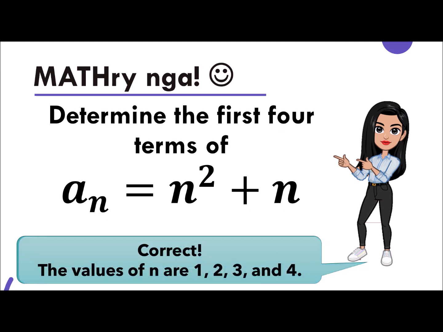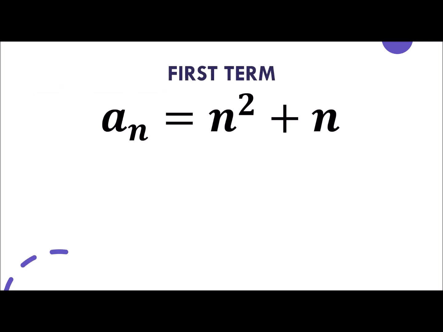The values of n are 1, 2, 3, and 4. It is only until 4 because we are looking for the first four terms. Let's proceed on solving. Let's have the first term. So a sub n is equal to n squared plus n. What will be the value of n again for the first term? Okay, good.